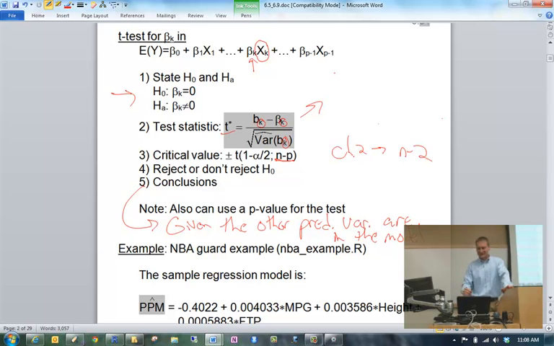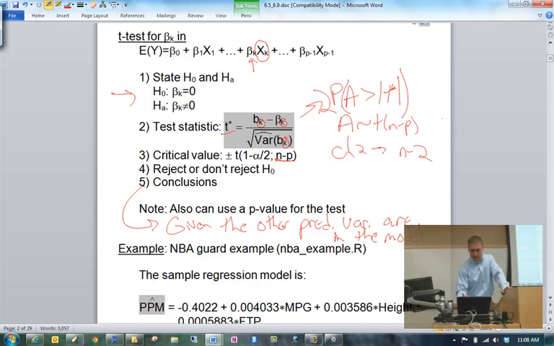It's a probability of... I'm sorry, the probability of what? The value of T minus T squared greater than alpha. There's your p-value. Hopefully that looks familiar.